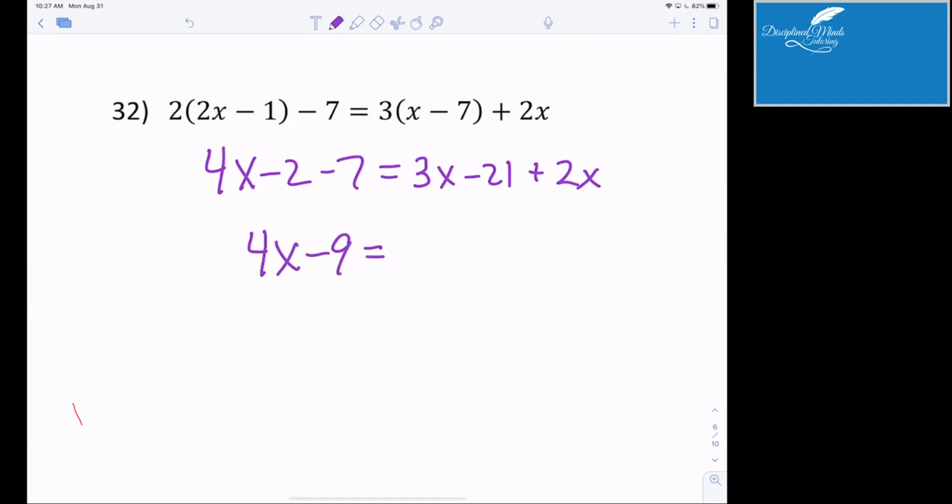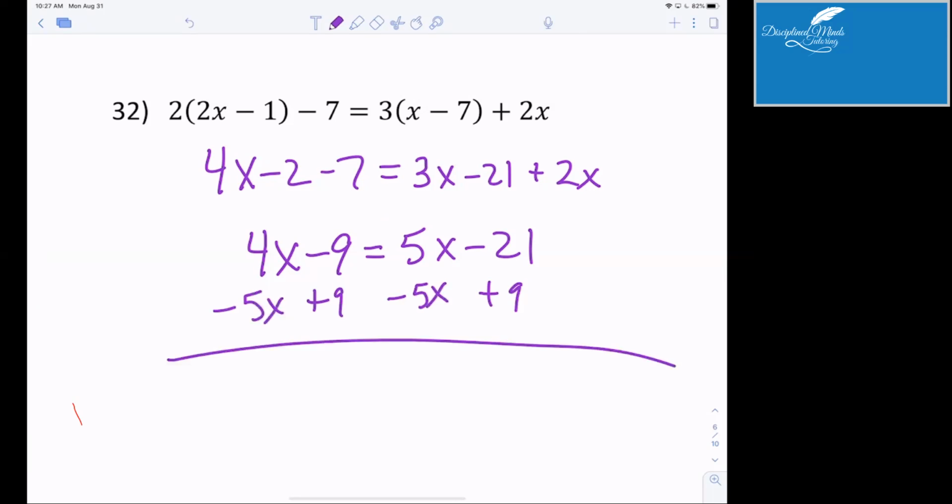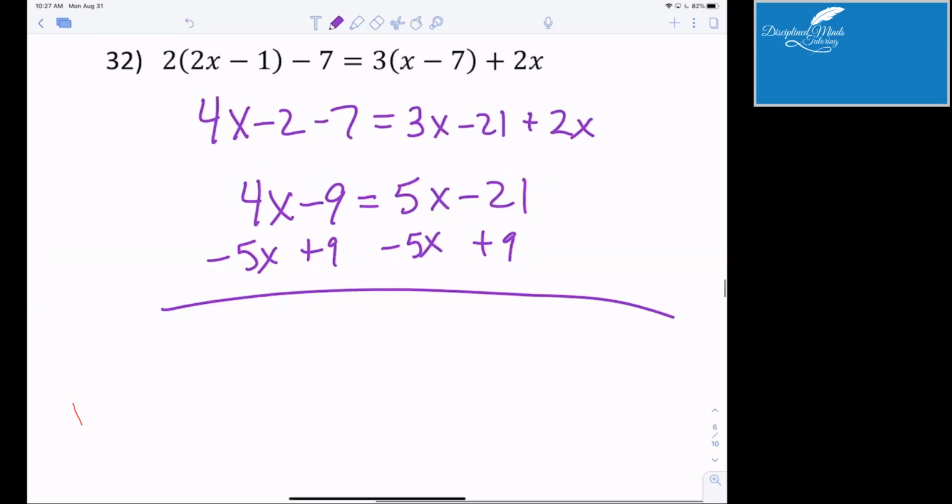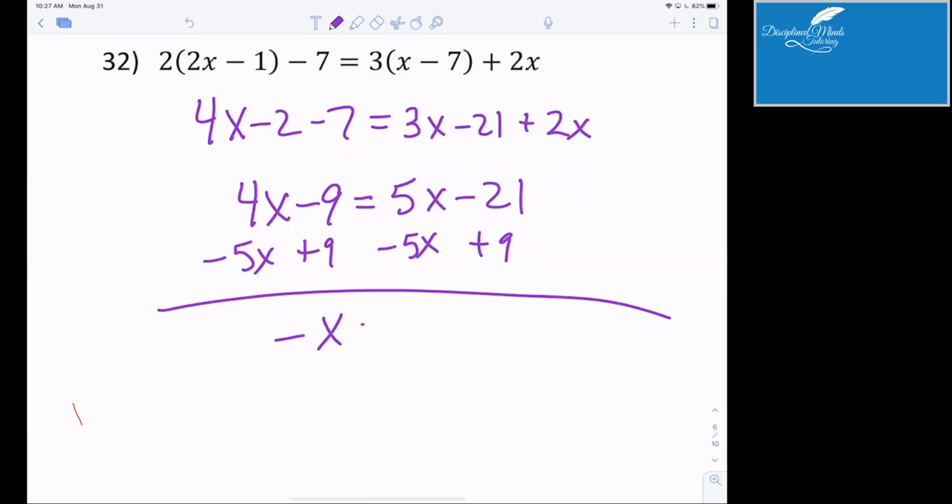And 3x plus 2x is 5x. Good. Then add 9, and then minus 5x, minus 5x. And then you get negative 1 equals negative 1. Therefore x equals 4. Everybody okay with that?